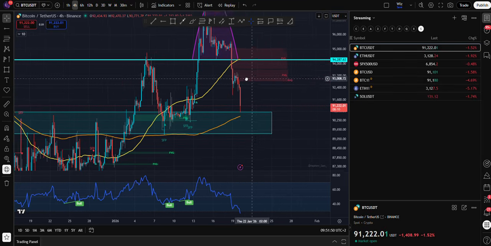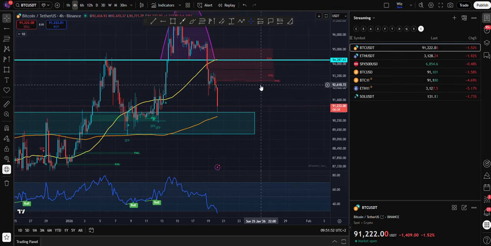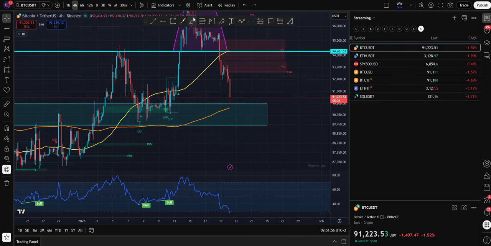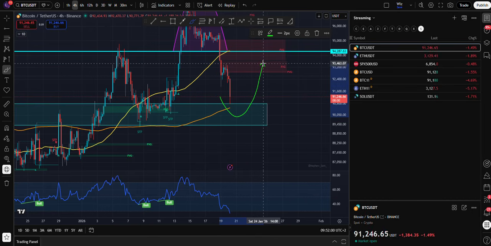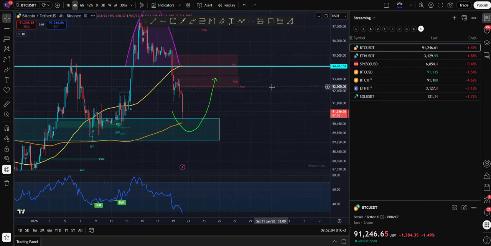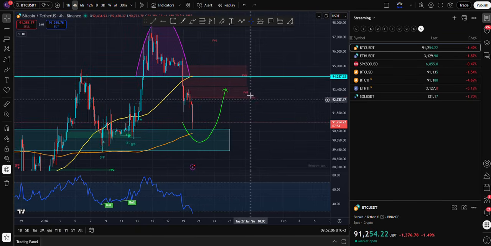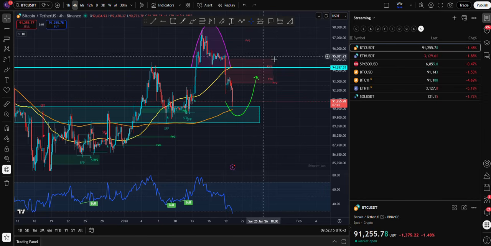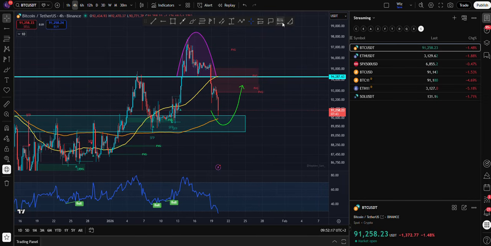So this is a potential area for shorts if we get some sort of relief bounce into this level. I'm looking to add into swing shorts here at 93, 94, or even 95K. This is my short area.